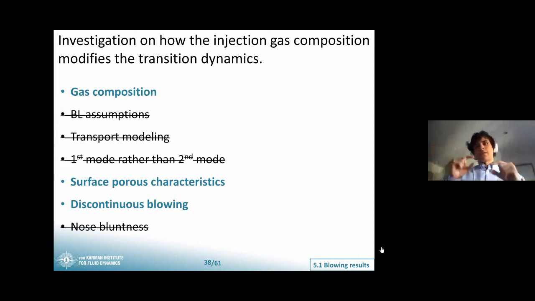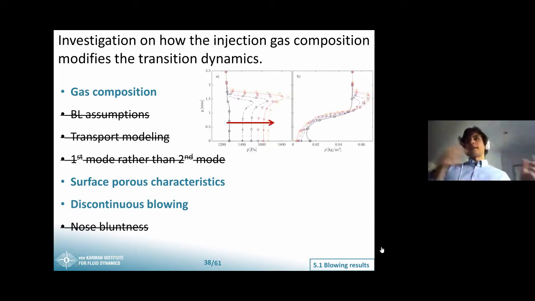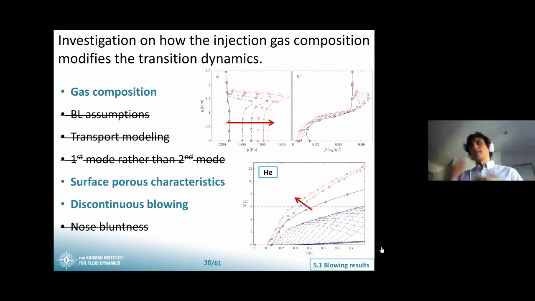In particular, this discontinuous blowing combined with the gas composition originated a very small shocklet close to the injection region, which acted like a thermoacoustic impedance, which coupled with the porous admittance indeed appeared to be what was causing the experimentally observed destabilization due to lighter species.